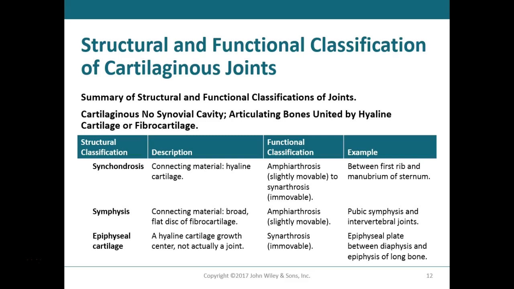Hyaline cartilage is going to cover the ends of these bones. This allows for slight or no movement. So these joints are either going to be amphiarthrotic or synarthrotic. An example of this is between the very first rib and the manubrium, or the upper part of your sternum.